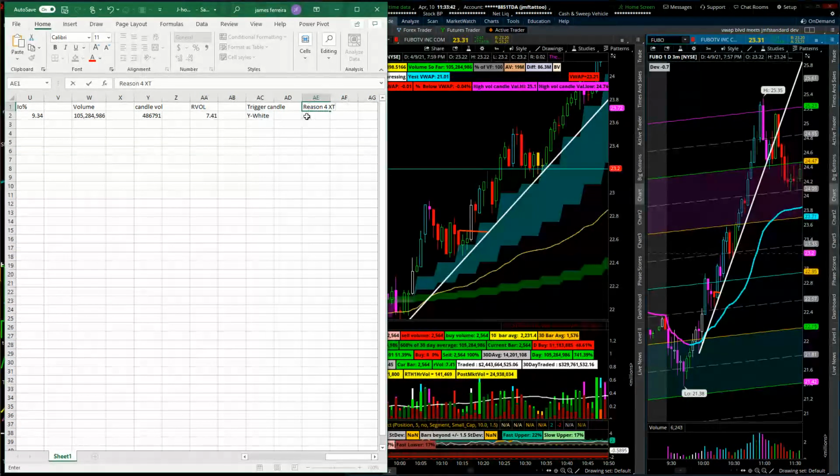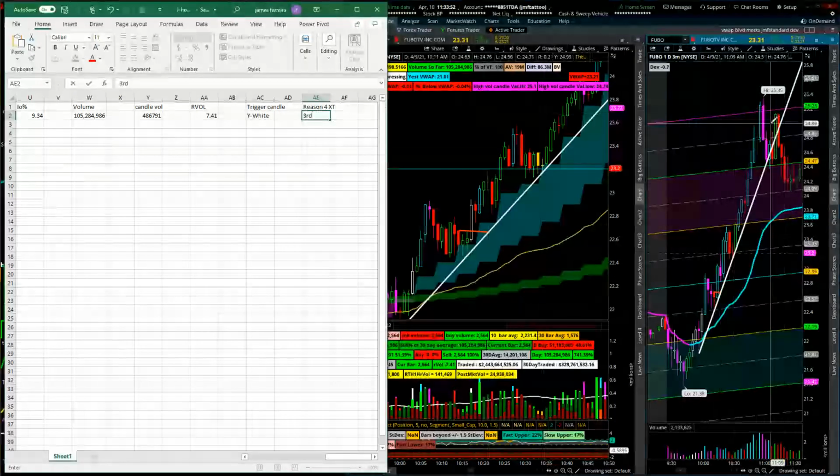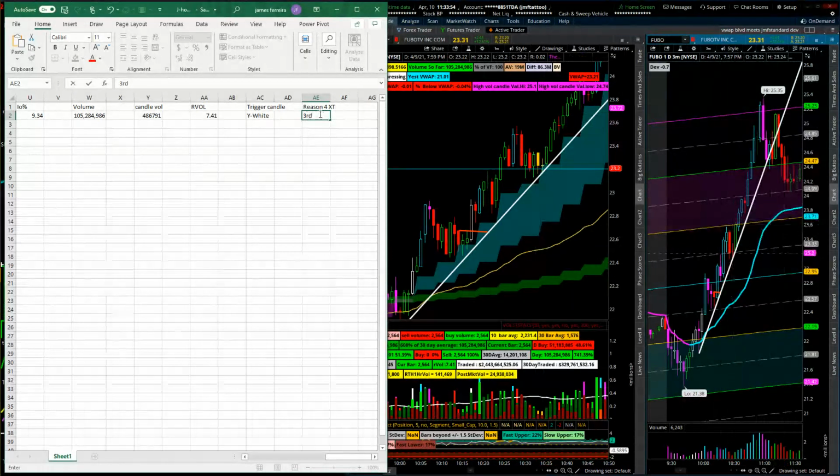Try to keep it short. I'm going to write third dev, and I'm going to keep reason for exit one of two things. I don't want to have hit the third deviation here, and then down here it broke the 9 EMA, and then down here broke the 200 EMA, then down here triple topped failed.